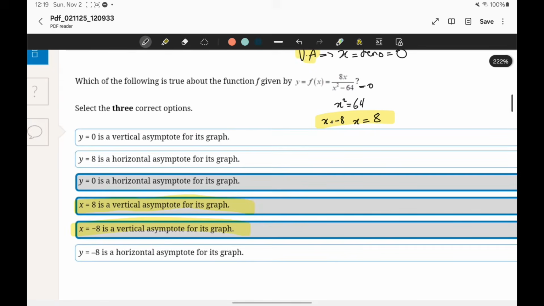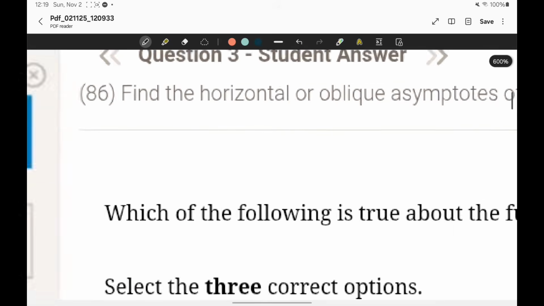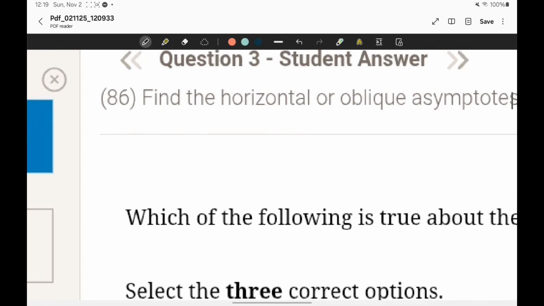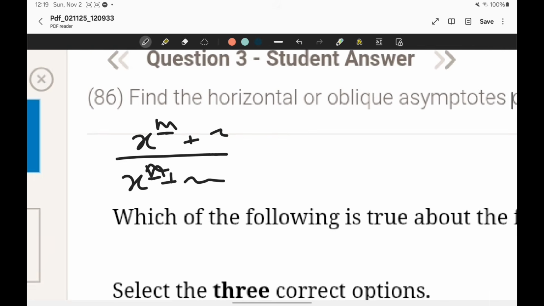Now they also want the horizontal asymptote. For the horizontal asymptote, you have 3 cases. So this, for example, is your equation. If m is bigger than n, so if the top power is bigger than the bottom power, then there's no horizontal asymptote.